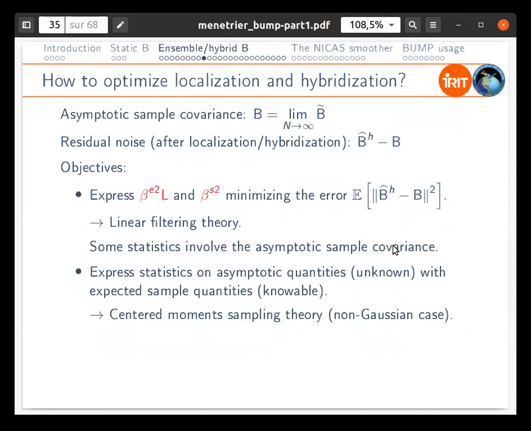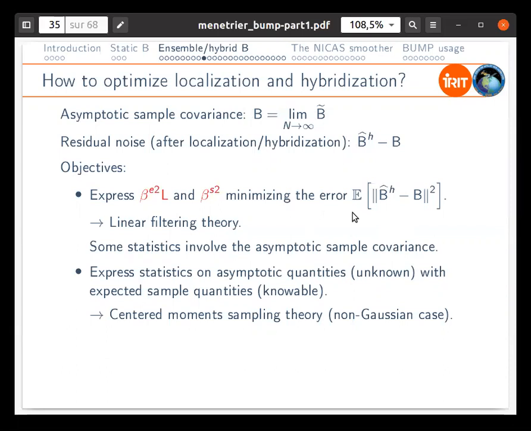So if it's a linear filtering, we have methods to optimize the weights. But for this optimization, we would need the asymptotic sample covariance, so the B matrix that we would get with an infinite ensemble size, and we don't have this one.